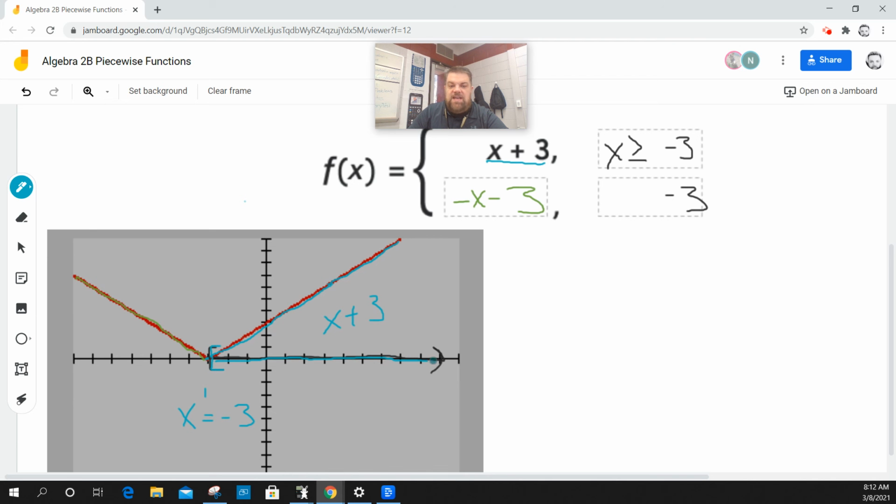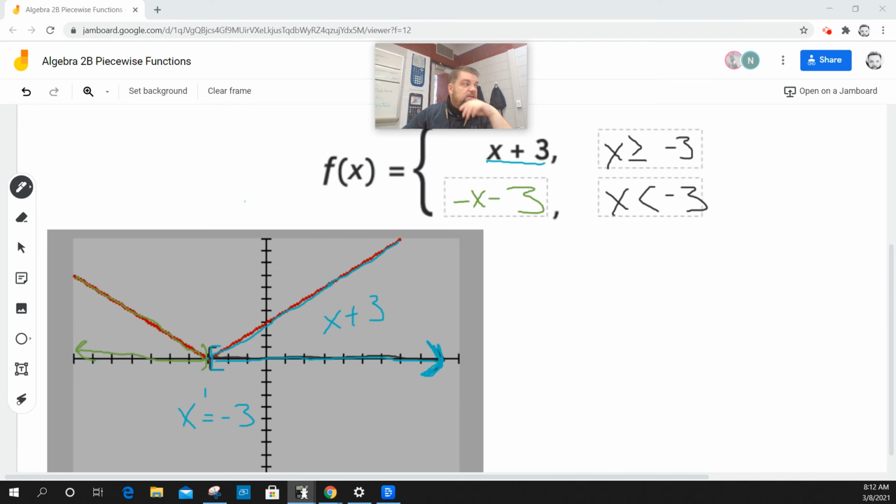So my domain for this portion of the piecewise function is x greater than or equal to -3. Now on the other side, it's all the values less than that, but I can't include -3 twice, so I'm just going to say x is less than -3.